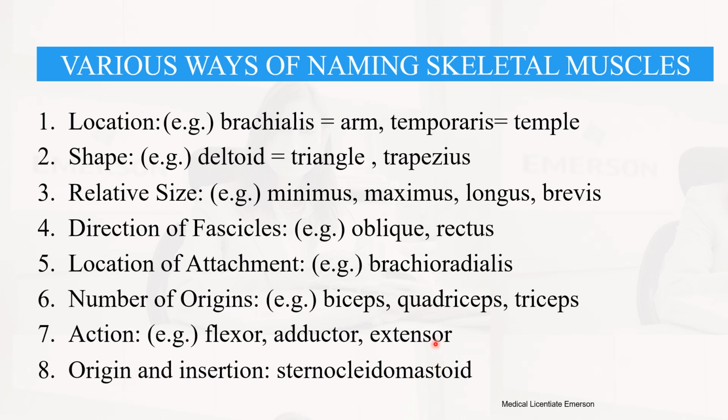Then those that extend are known as extensors. And remember, abduction means away from the midline. Other people usually remember it from the word abduction, or kidnapping. But we don't call them kidnappers; they are abductors.